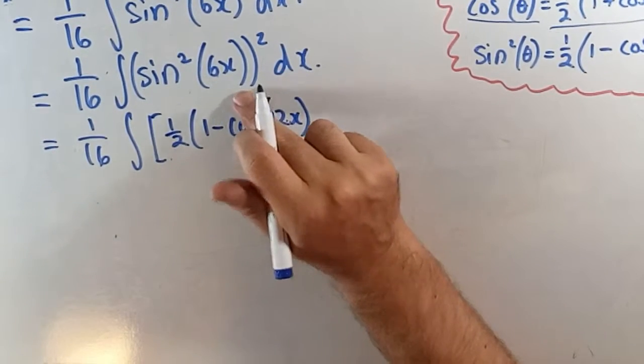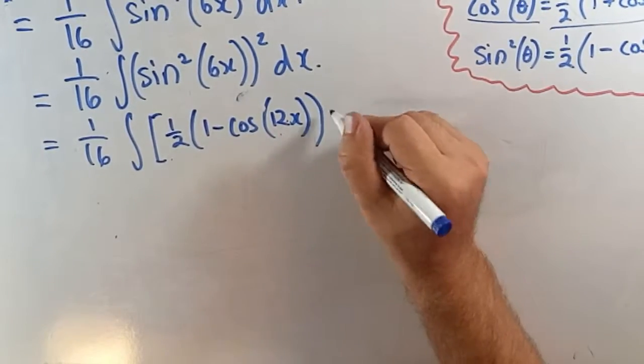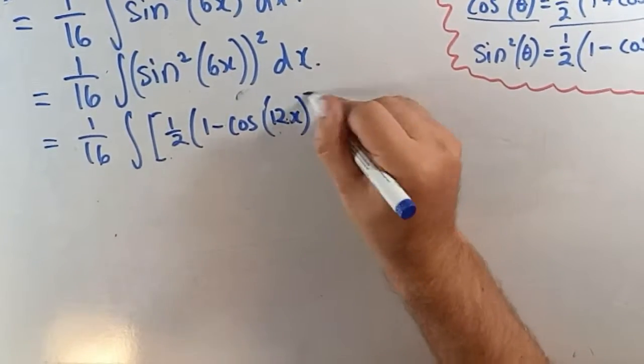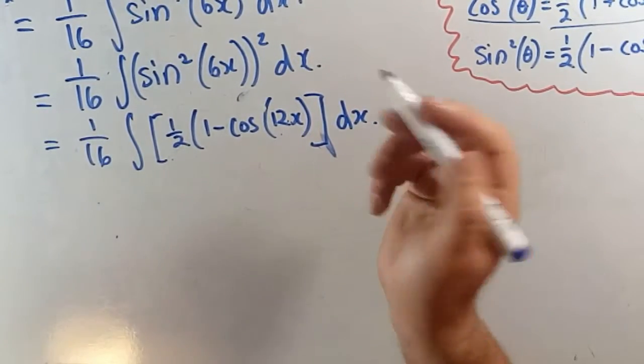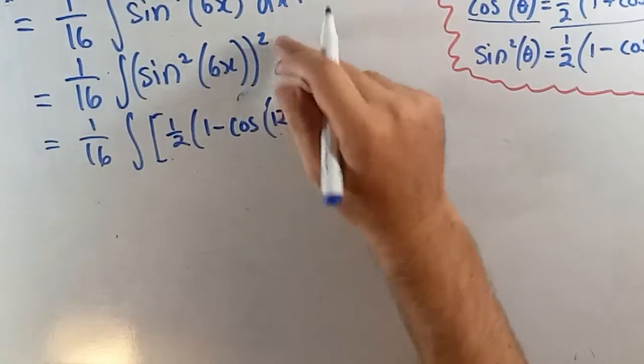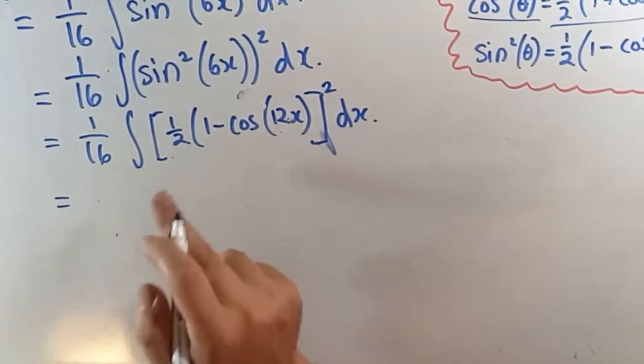Yeah, that's it. No squared there, don't forget, don't get it wrong. That's why I had to write these down earlier. Okay, dx. There's still a squared out the top here. Don't forget that squared. It's still there. Okay, so I can square that.